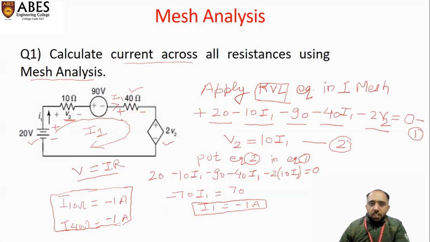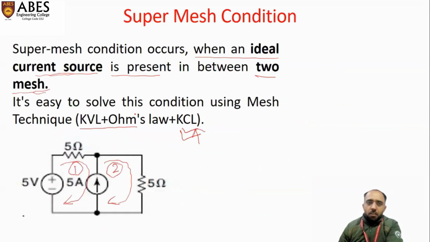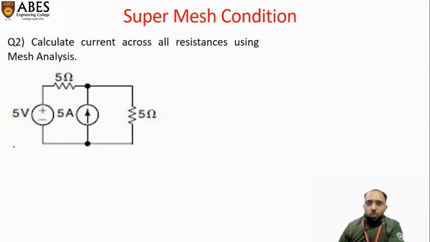So remember once again, if you have to mark plus and minus, you have to mark the polarity everywhere. If it is not given, then according to the condition you need to mark the plus and minus polarity. So the super mesh condition we also discussed.